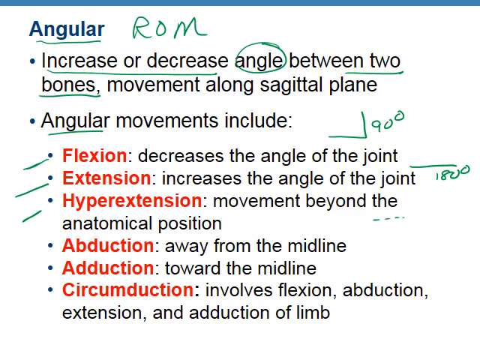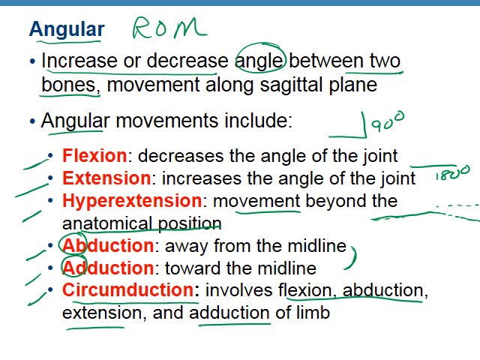Hyperextension would be if you went beyond that 180 degrees. So any movement beyond the normal anatomical position. We'll look at abduction and adduction, and then we'll look at circumduction, which involves combining all of these: flexion, abduction, extension.